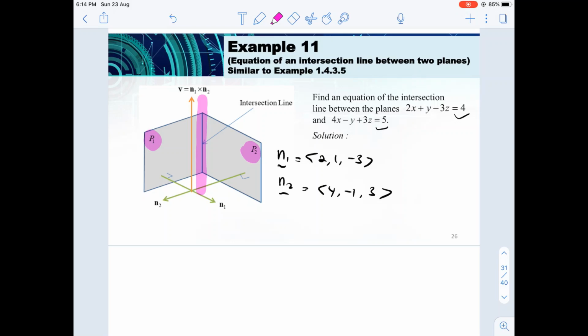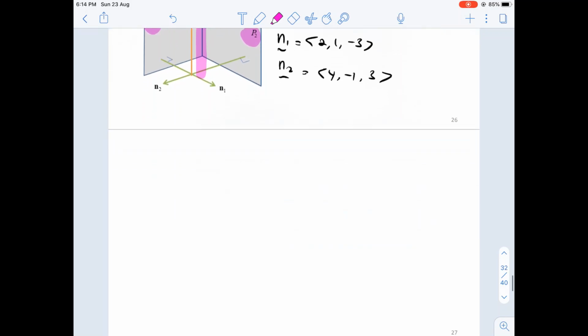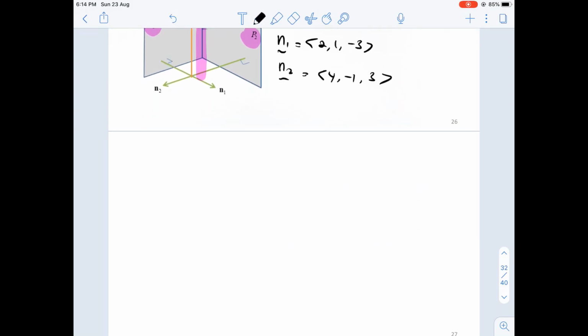In the first part of my video, I already explained that in order to form the equation of a line, we need two things, right? P0 and V, the direction vector. So now we need to find our V. In this case, calculating V means we do the cross product of n1 and n2.